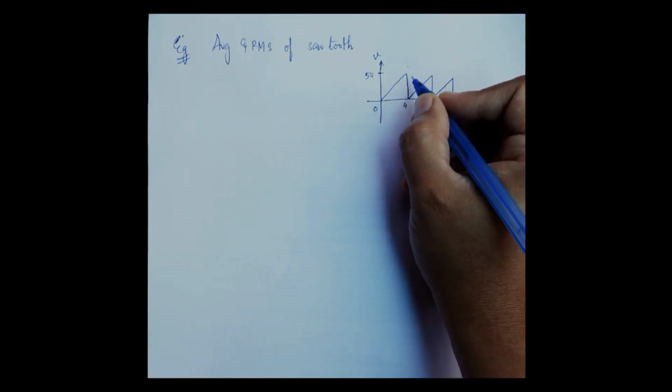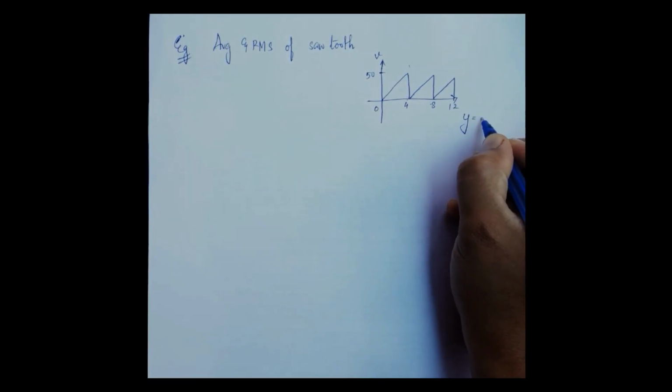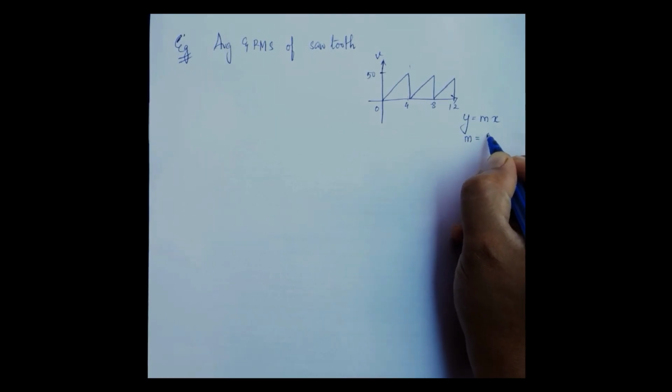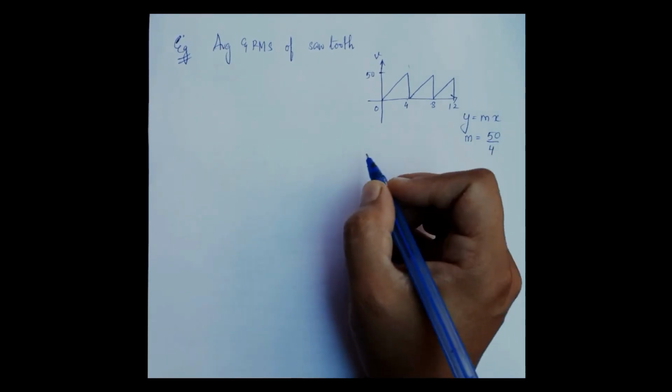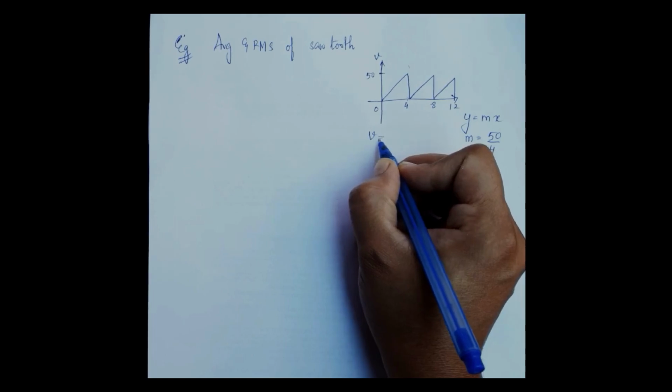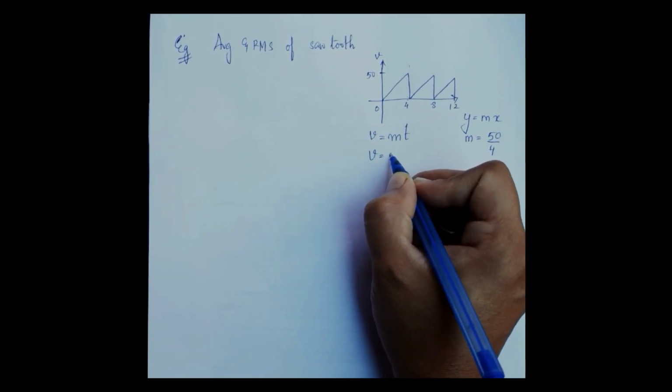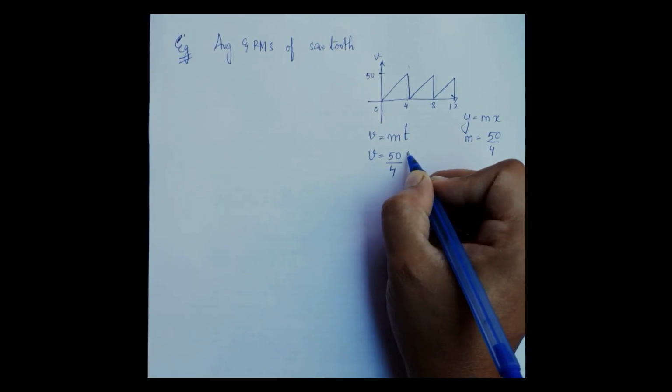So we can write the ramp equation y equal to mx, where m will be 50 by 4. So the equation will be v equal to mt, which is v equal to 50 by 4t, which is the equation for the wave.